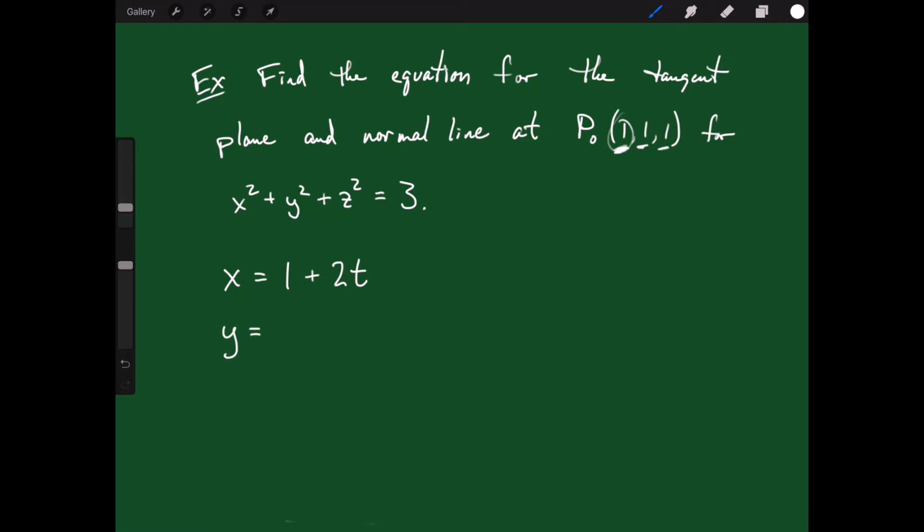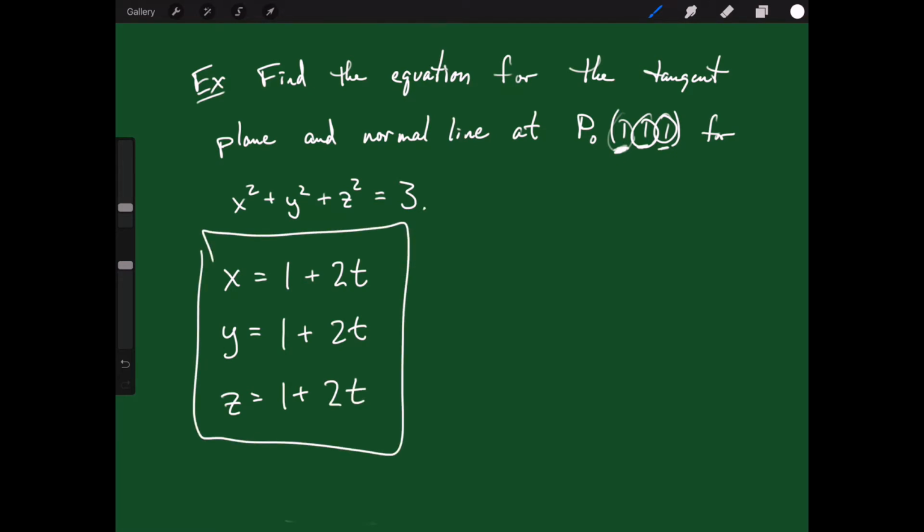Y is going to be, well, 1 plus 2t. And z is going to be 1 plus the partial with respect to z evaluated at P0 was 2t. So this would be the parametric form of the normal line to that curve f at the point P0. Okay, very good.